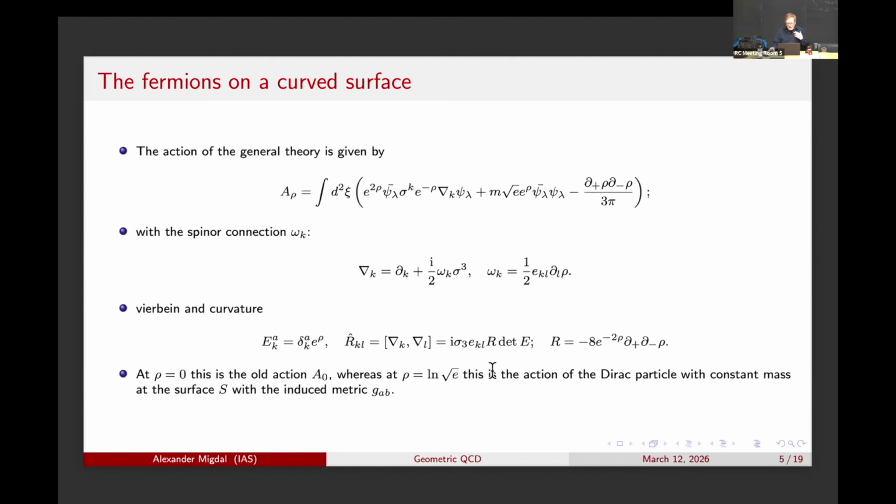So if you take rho like logarithm of square root of E, you will get the ordinary two-dimensional theory of massive fermion on a curved space. It's some basically general covariant theory of two-dimensional fermions. And if you take rho equal 0, then all these curvature and covariants disappear, you have a flat surface, and then you have a different thing, fermions with variable mass.